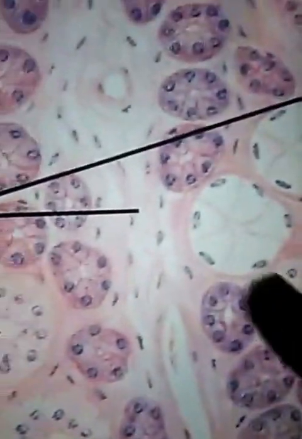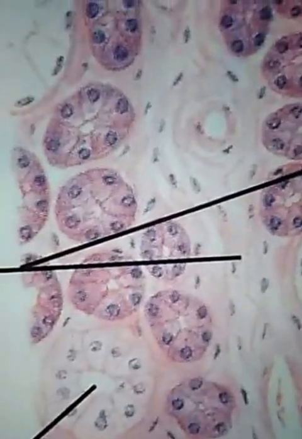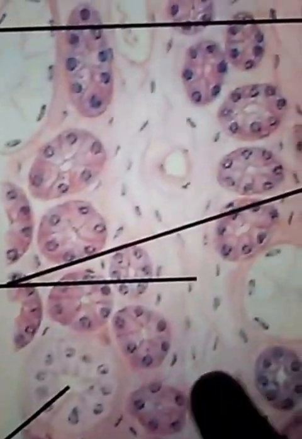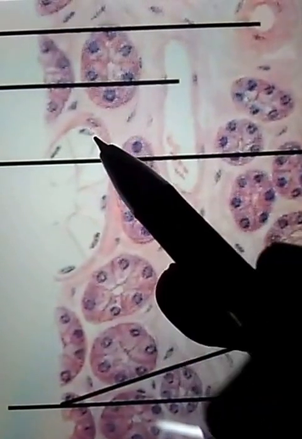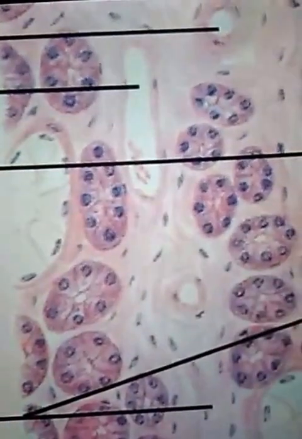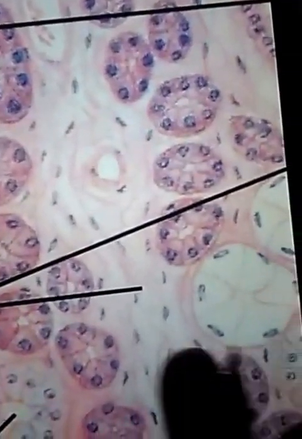They have given only one example here. Suppose this is the mucous acini, and around that the serous cells are there. So these are the serous demilunes.